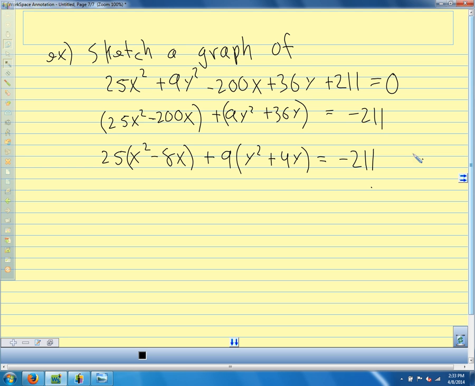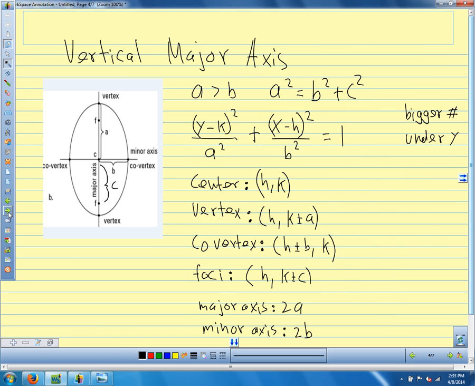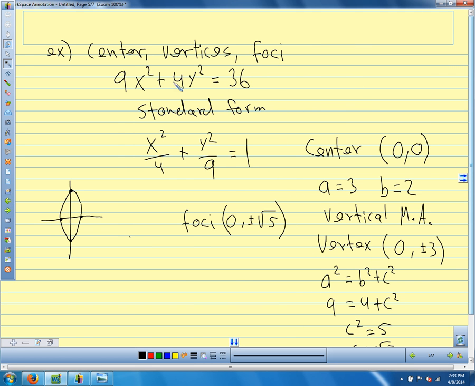So what would happen, let me go back here really quickly, that's a good question. We would do that one like we did this one. So we would have a number in front of our x term, a number in front of our y terms, and some other big number on this side. And we divide by the number on this side, so we'd get a 1 there. And then we'd end up with different numbers under the x and the y.